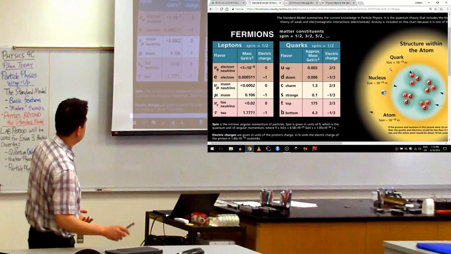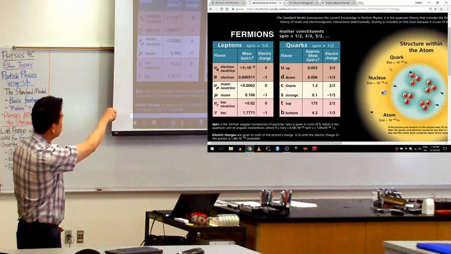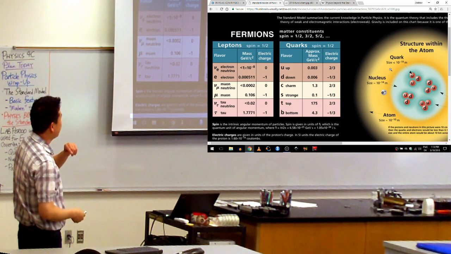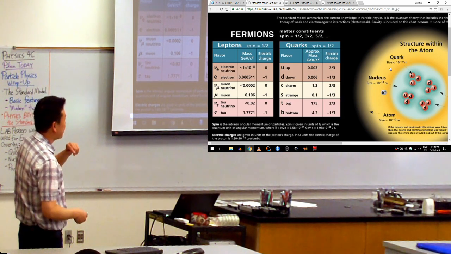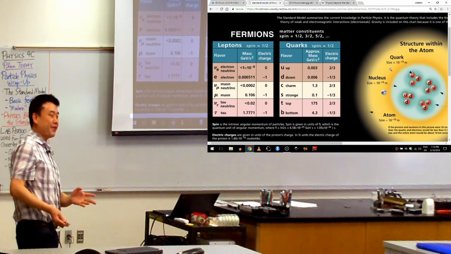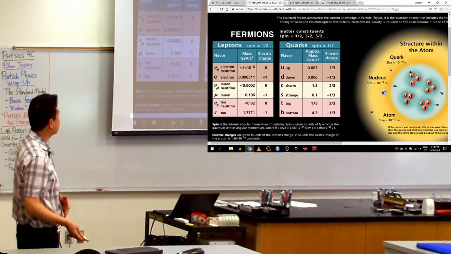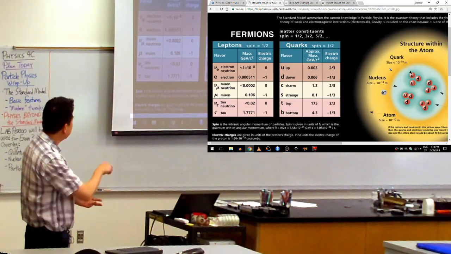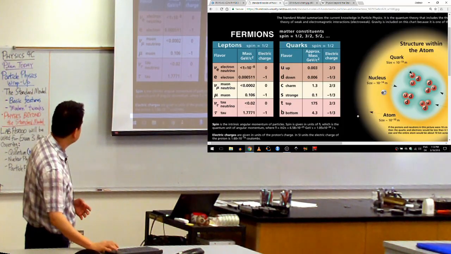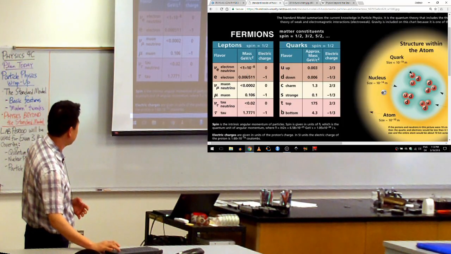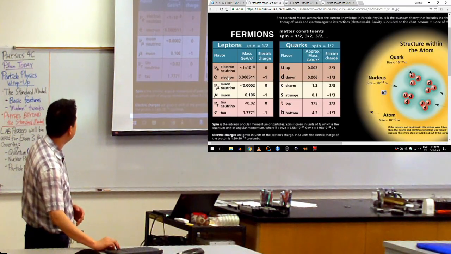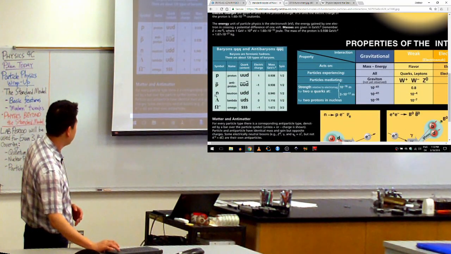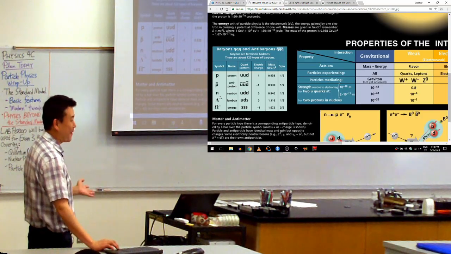So in terms of your level of familiarity before this class, there aren't that many particles here that you would be familiar with already. There's the electron that hopefully you feel familiar with. And you actually have to scroll down here for proton and neutron for familiar particles.